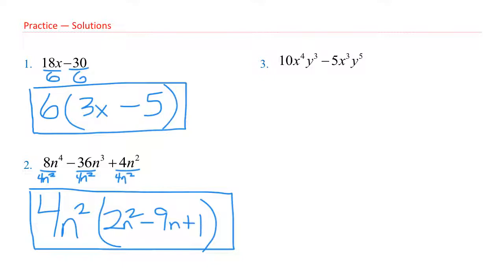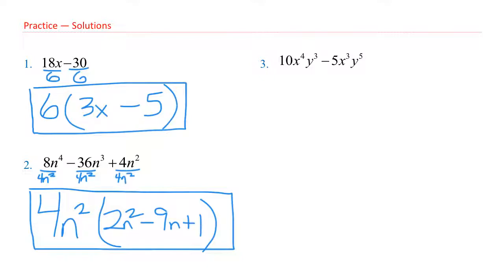Now we're going to factor the GCF out of the polynomial 10x to the fourth y to the third minus 5x to the third y to the fifth. Let's do that now. We'll start by determining the GCF of the terms in this polynomial. The numerical coefficients are 10 and negative 5.